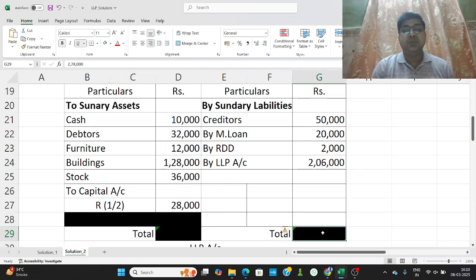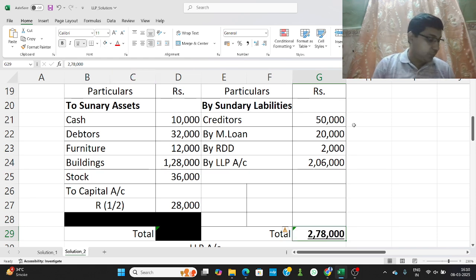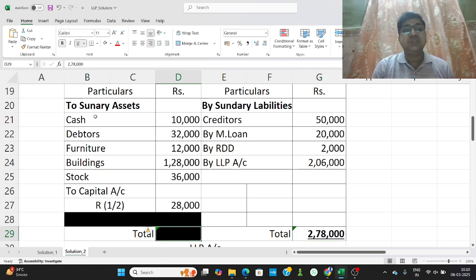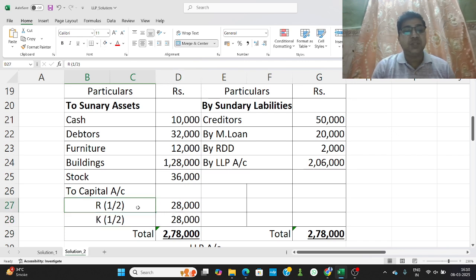First of all, we have to close the realization account credit side. We got the value 2,78,000. From this 2,78,000, we deducted the amount, and the rest of the value will come, 56,000. This 56,000 we will distribute among the partners as per their profit sharing ratio.